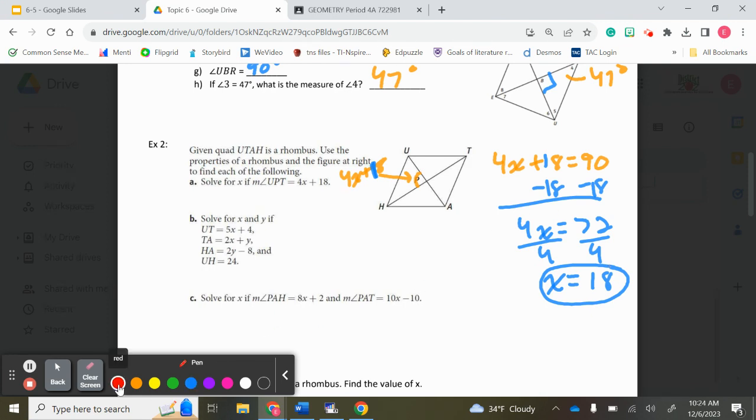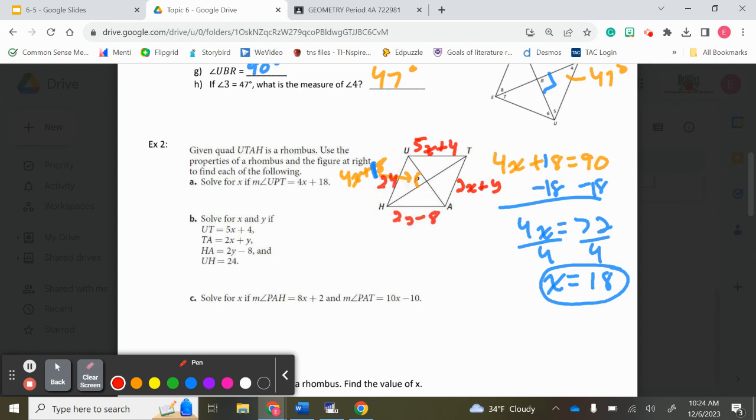Now for B, I'm going to use a different color because we were talking about angles and now we're talking about sides. Solve for x and y if UT is 5x plus 4, TA is 2x plus y, HA is 2y minus 8, and UH is 24.